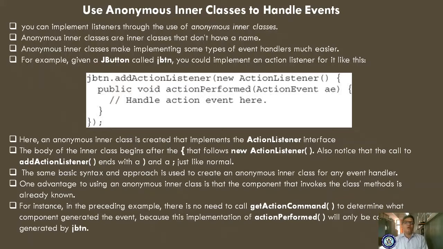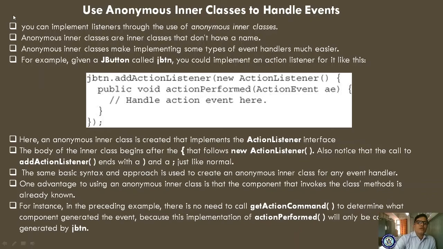Use anonymous inner classes to handle events. By using anonymous inner classes you can handle events, so we'll see how to handle these events by using an anonymous inner class.